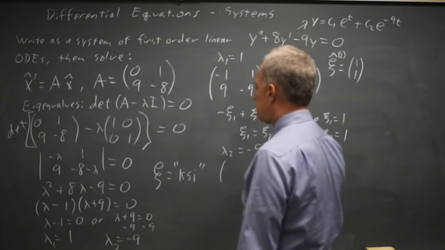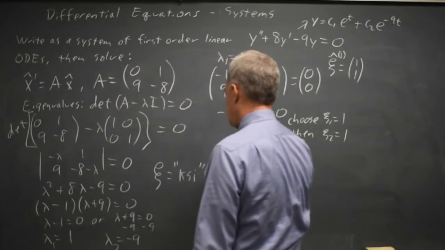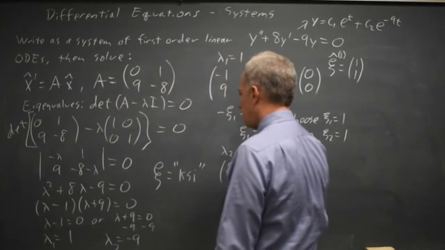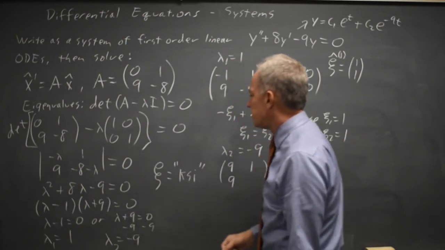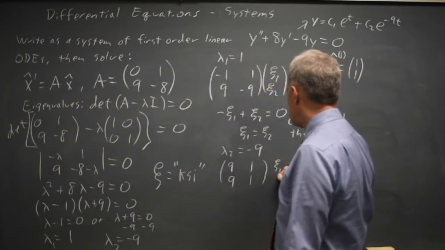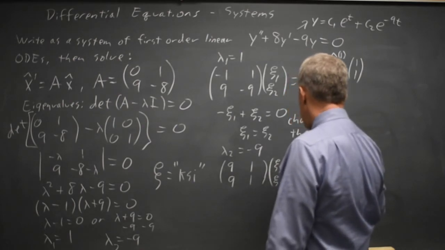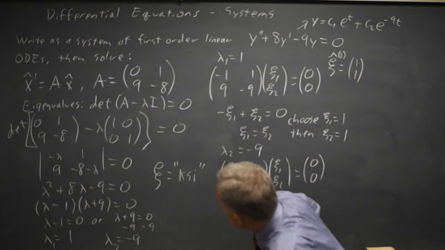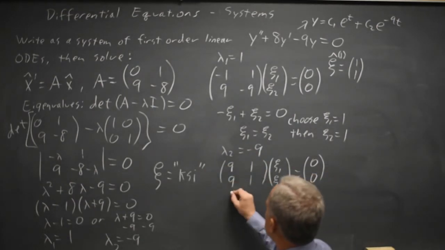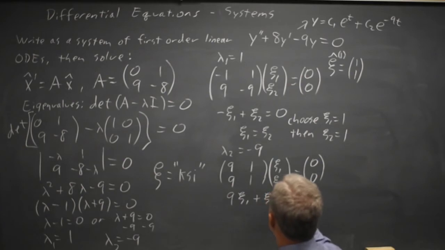So A minus lambda I, minus lambda is positive 9. 1, 9. Negative 8 minus negative 9 is negative 8 plus 9 is 1. Times xi1, xi2 equals the 0 vector. And those are exactly the same equation. 9 xi1 plus xi2 equals 0.